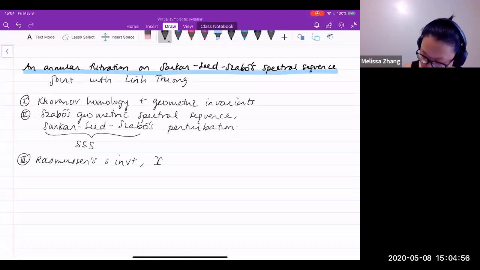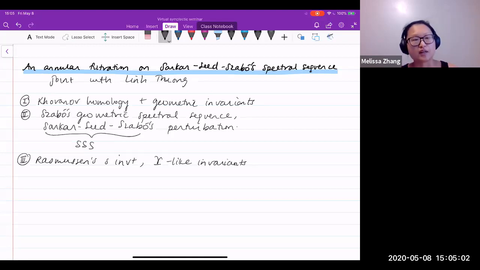And this takes us to upsilon-like invariants. And upsilon is an invariant coming from knot Floer homology that basically says if you have more than one grading, you can mix them together and come up with a generalized version of Rasmussen's invariant, or that type of invariant.